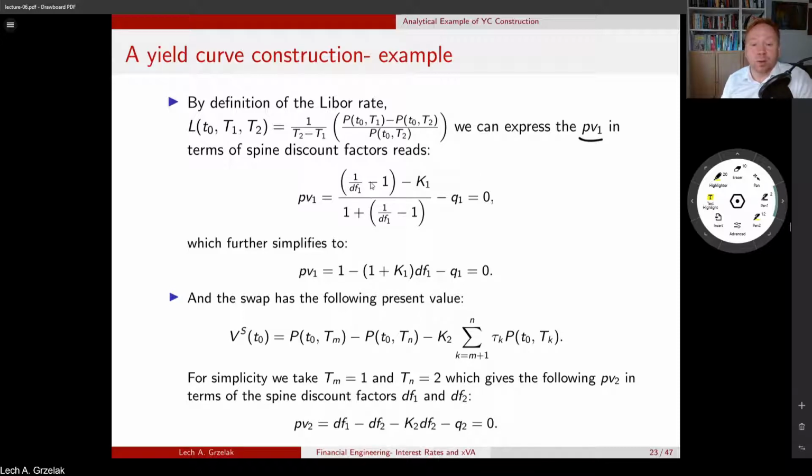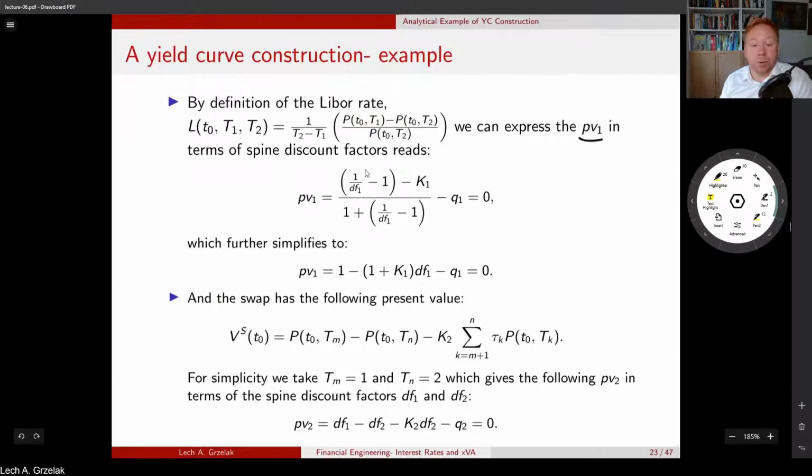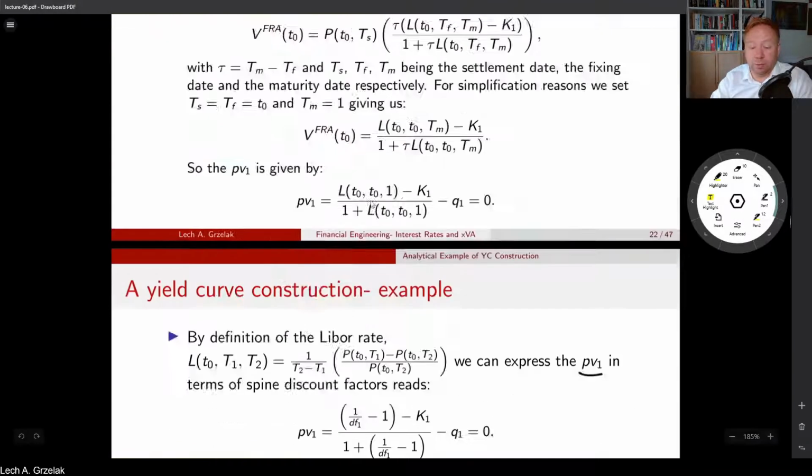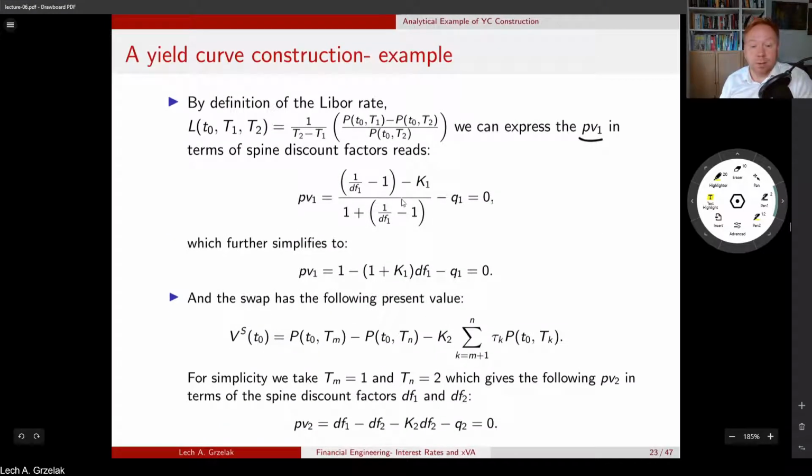So this is time T1, T2, but if we substitute those times T0 and Tm, actually T0 and 1, because this is the case we consider here, then we can express this PV1 to be equal to 1 over df1 minus 1, and then we have the strike k1, and then almost the same expression for the 1 plus LIBOR, which is equivalent, minus 1.